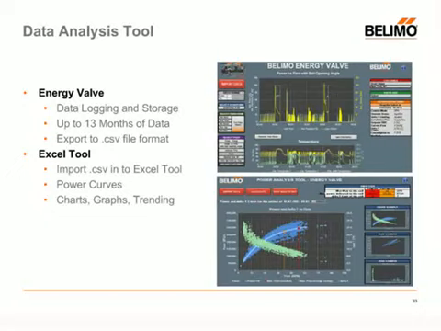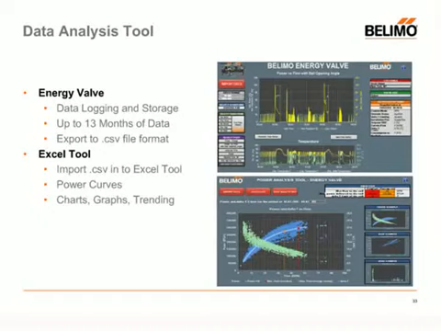So it's very, very flexible in how you can look at your data. Again, very powerful for when you're optimizing your system and trying to get every ounce of BTU output out of your coil.